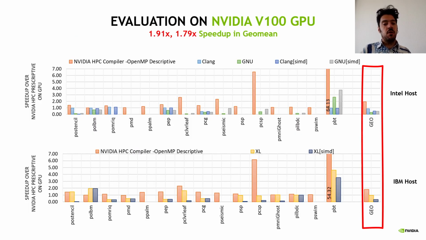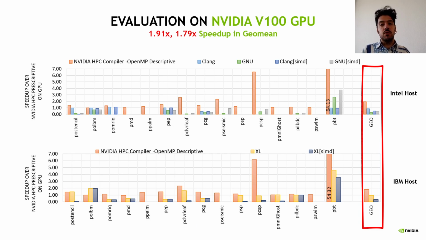Now let's look at the evaluation of this model. We used the SPEC ACCEL benchmarks and ported them to the OMP loop model. We converted all of these OpenMP directives to OMP loop. You can even do that with the grep command. Here we show two graphs, Intel host on the top and IBM host on the bottom. The graphs show speedup against our own compiler compiling the original OpenMP.